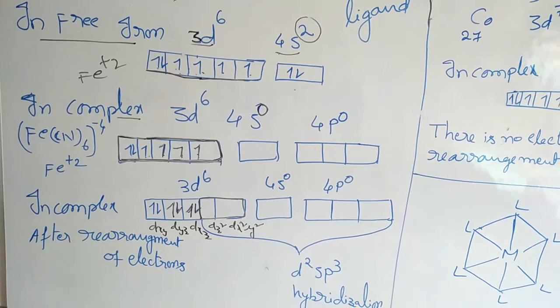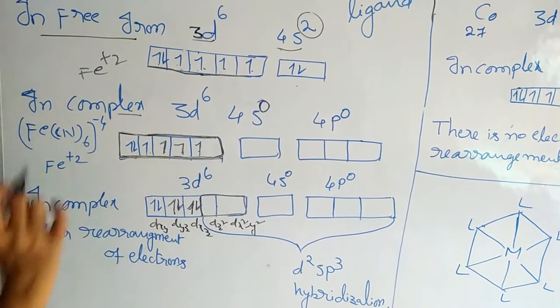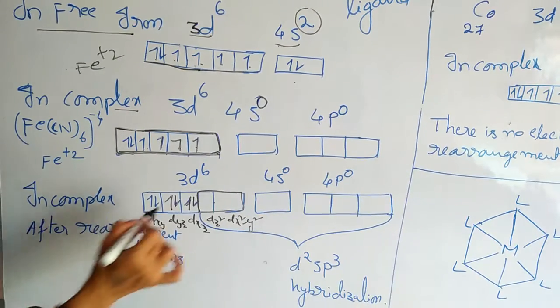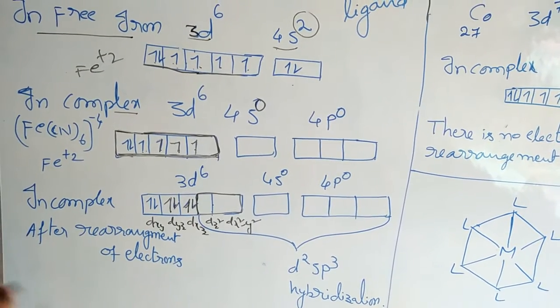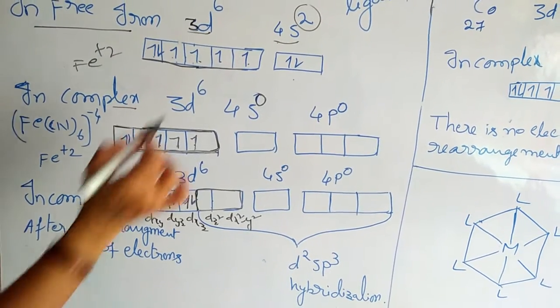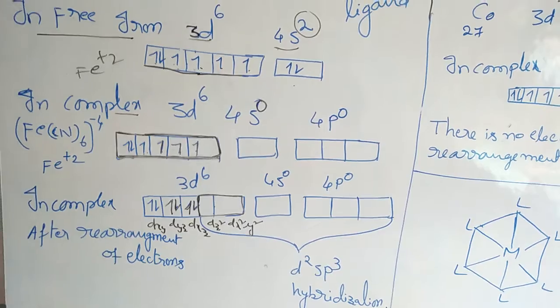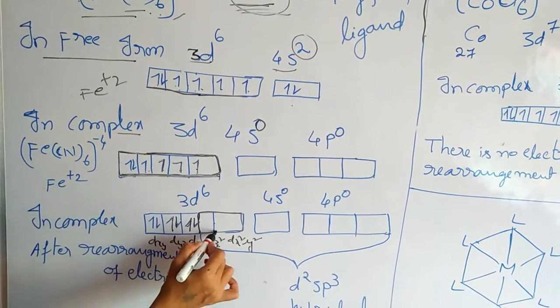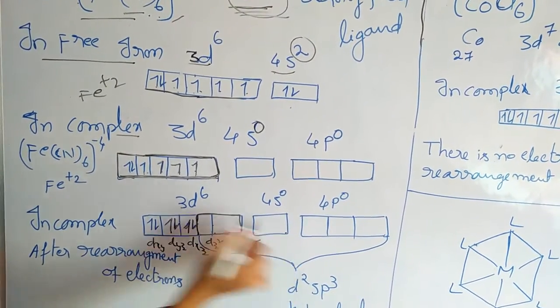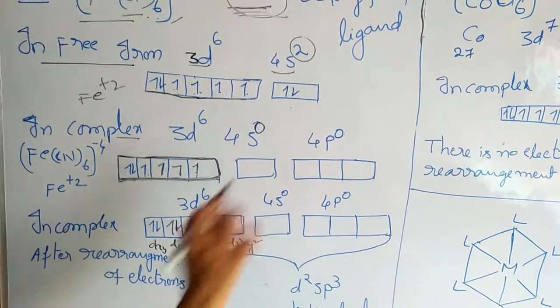How did these empty orbitals come? By the rearrangement of electrons by the force of strong field ligands like cyanide. So here 2 empty orbitals are there, and 4s and 4p are also empty.